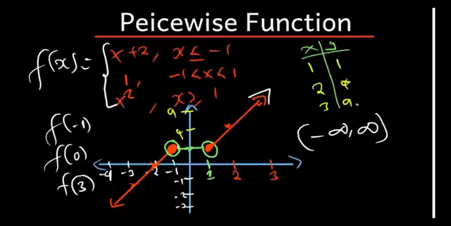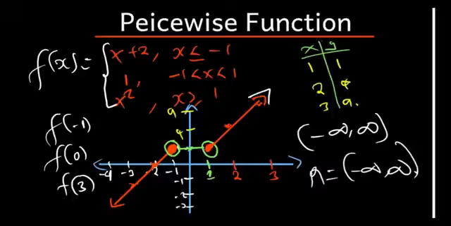So the domain is going to be all real numbers. What of the range? The y values are not restricted as well. So the y values start from negative infinity all the way to positive infinity. As simple as that.